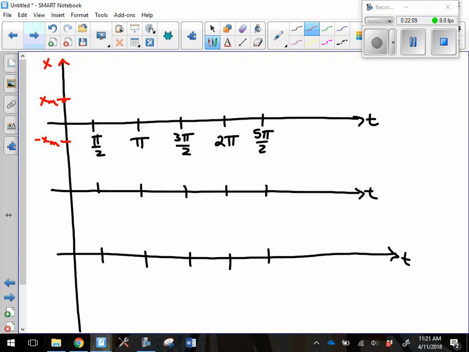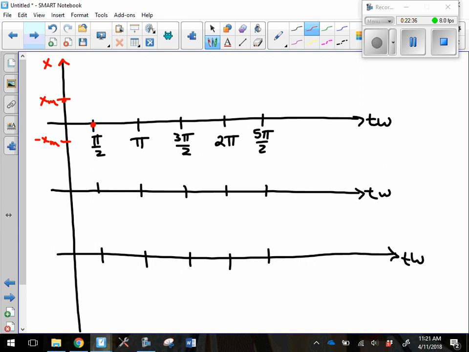And in fact, we're not just going to plot time here, we're going to plot omega times time, just to make our lives simpler. So if we let omega t be pi over 2, where's my object going to be? Zero.